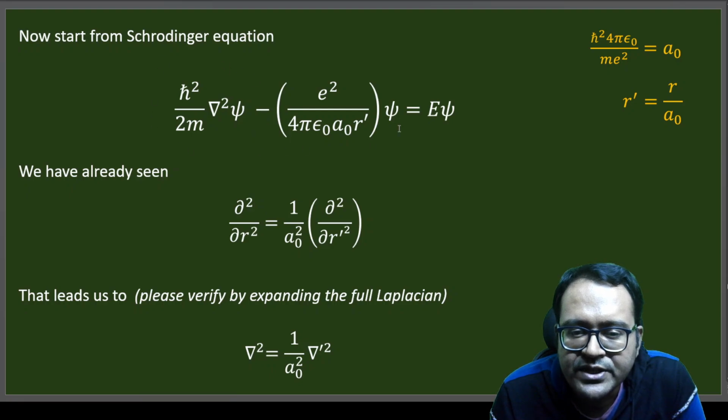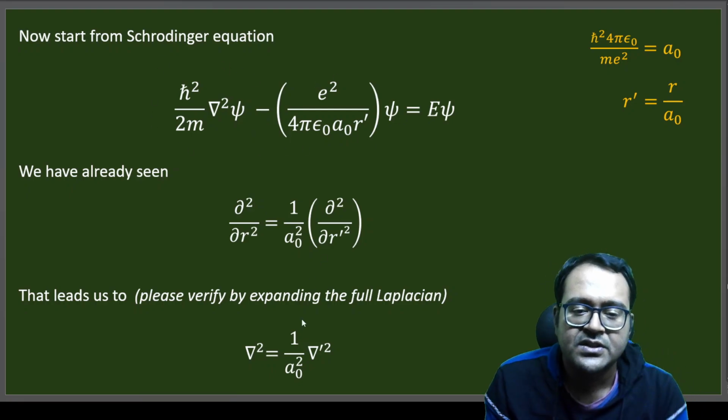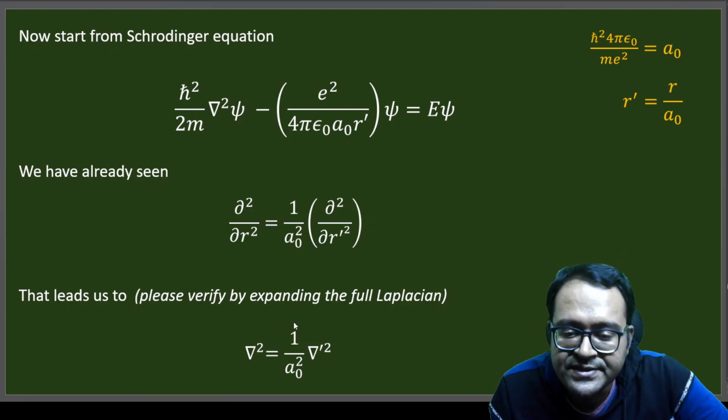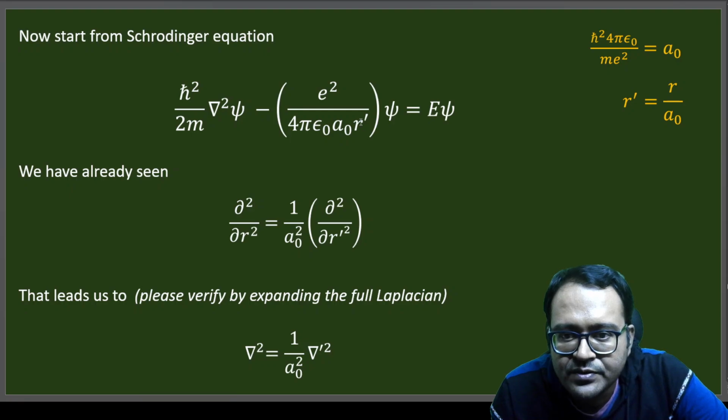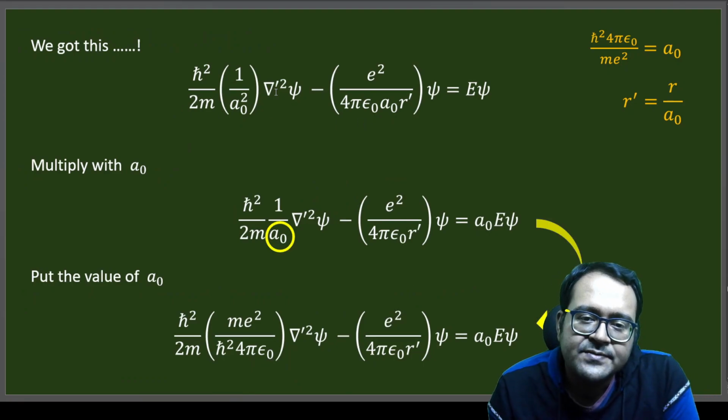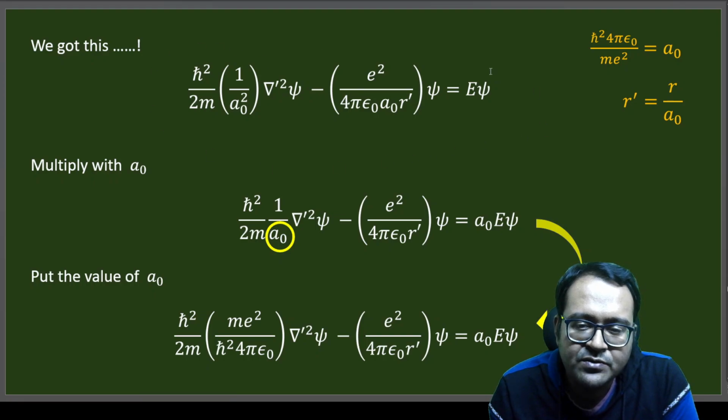So this equation we can change to this: Laplacian square is 1 by a0 square Laplacian prime square. Simple chain rule. We have already substituted your r with a0 r prime, so I substitute del square by del prime square. That means in my whole equation we don't have r. We have written everything in terms of r prime.